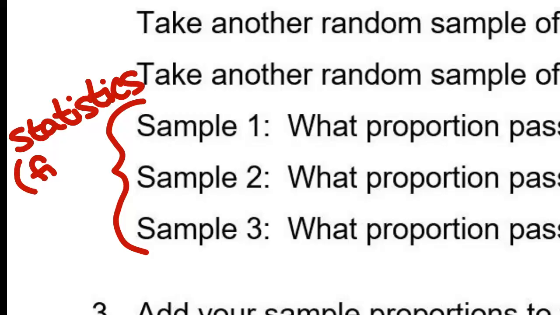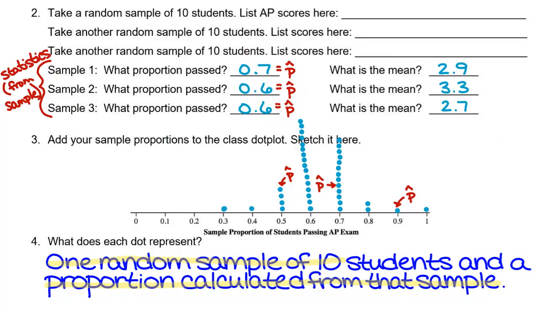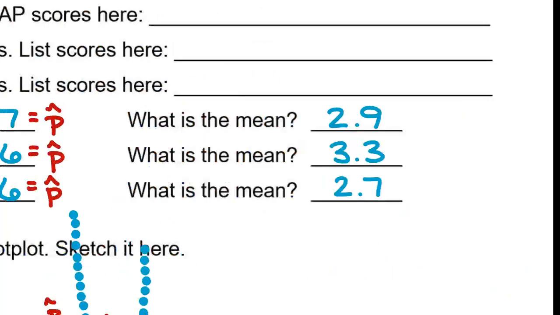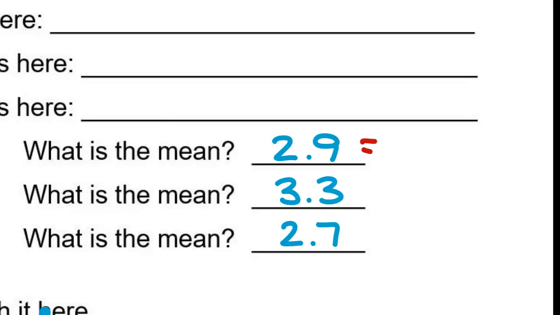We call these statistics because they come from the sample. If I calculate a number from a sample, we call that number a statistic. Whether it's a p hat or these sample averages that we calculated over here, which we would call x bar.